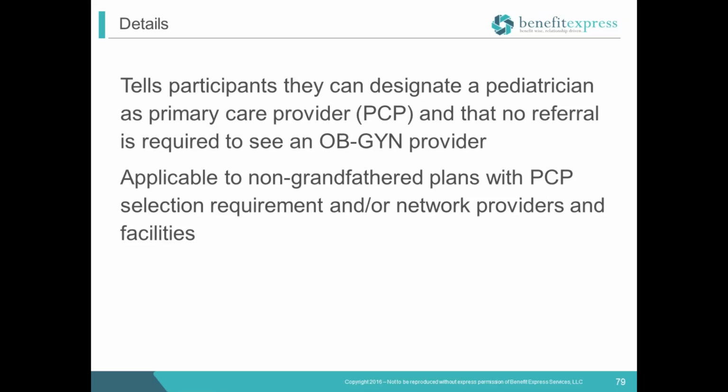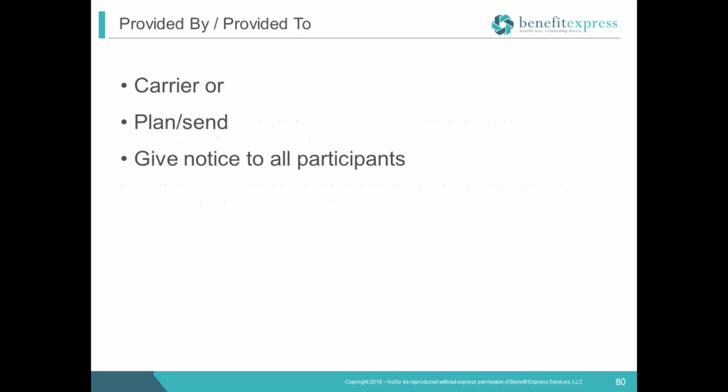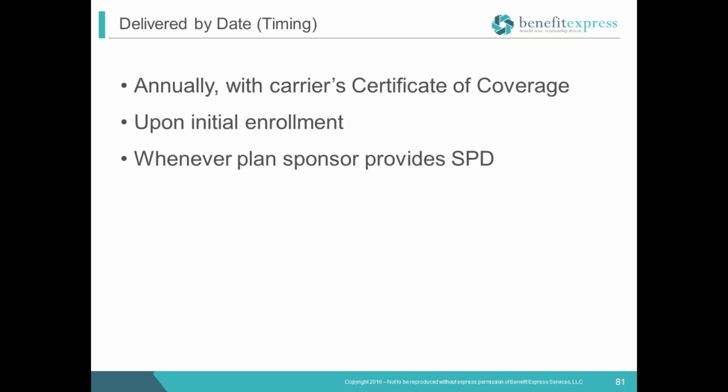It's applicable to non-grandfathered plans with a PCP selection requirement or network providers and facilities provided by the carrier, or plans can send it and give it to all plan participants. I don't think that many plans are subject to this requirement. And it must be provided annually with the carrier certificate of coverage upon open enrollment, or whenever the plan sponsor provides an SPD that has to include it.